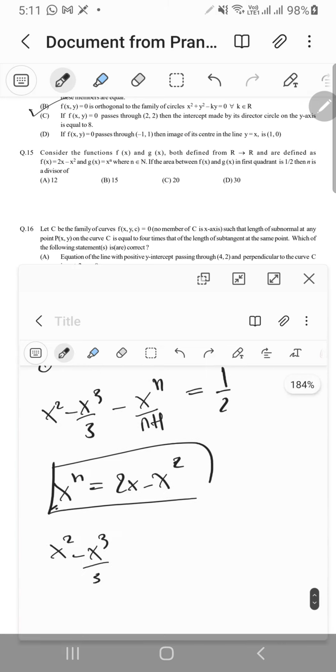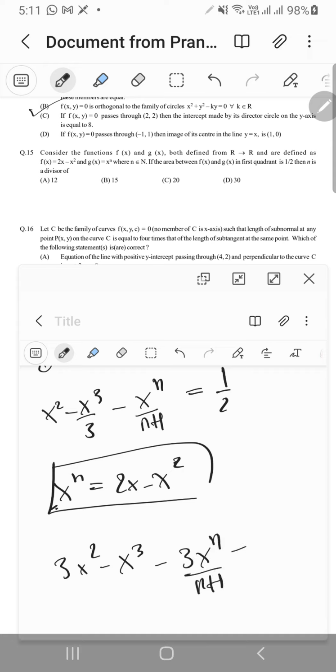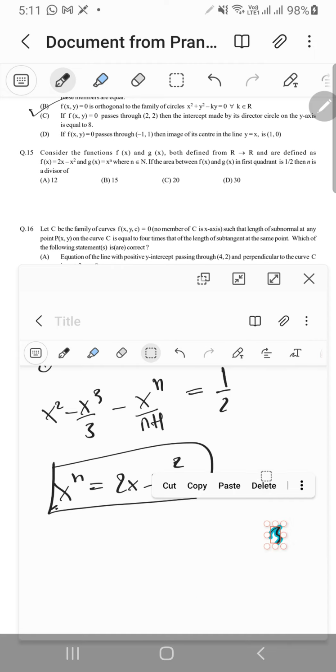Okay, so now what do we do? You cannot find direct solutions of this thing. How am I supposed to solve this? Like 3x squared minus x cubed minus 3x power n upon n plus 1. But it's no use. What the heck? 1 by 2.